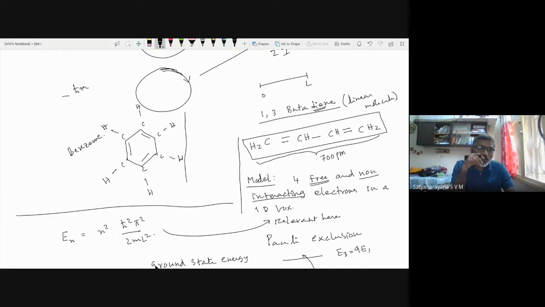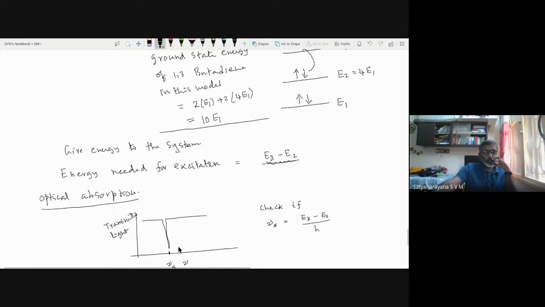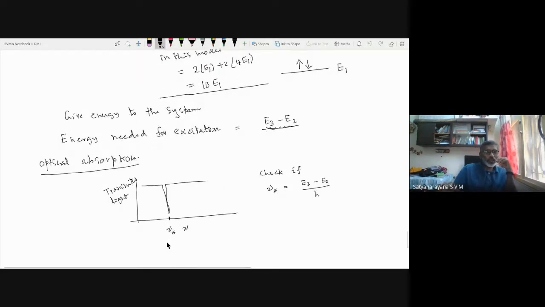When the light is absorbed, you will have a dip in the transmitted intensity, and the frequency at which the light is absorbed is noted and compared with the E3 minus E2 prediction. Here L is given as 700 picometers, m is the mass of the electron, and the other things are known, so you can calculate E3, E2, etc., and see whether that nu corresponds to this. It turns out that in this example, the experiment showed that the particle in a box model is a good model for this molecule.